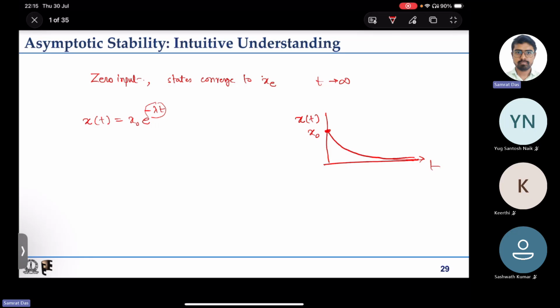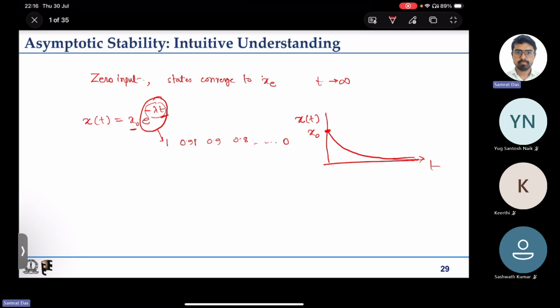So this is the definition of asymptotic stability, and you can understand that as time progresses, the value of e to the power minus lambda t at t equal to 0 is actually 1. As time increases, its value decreases and it goes to say 0.98, 0.9, 0.8, like this.